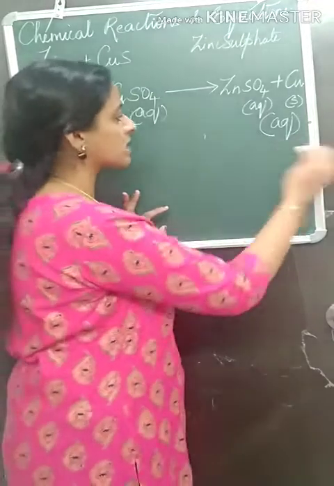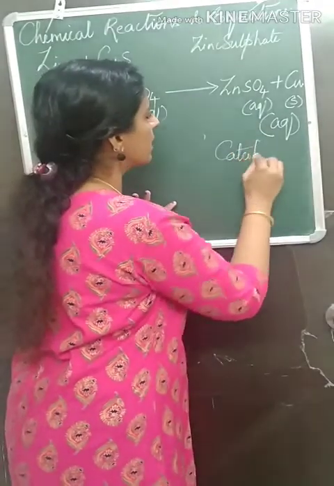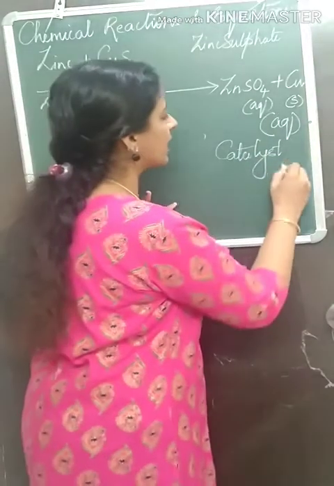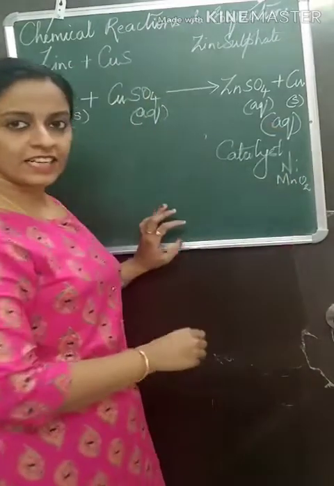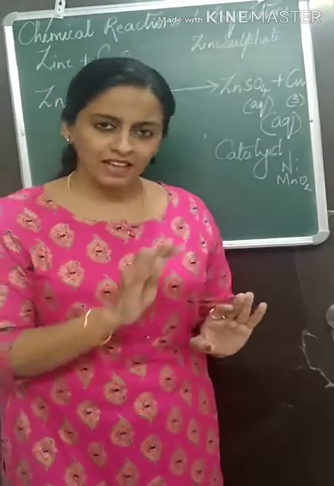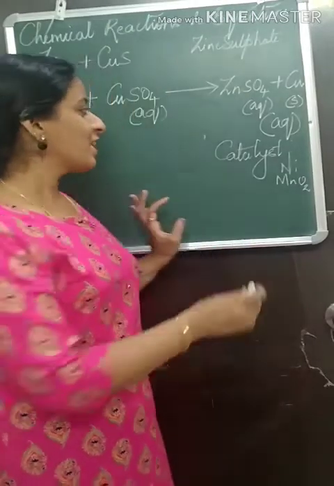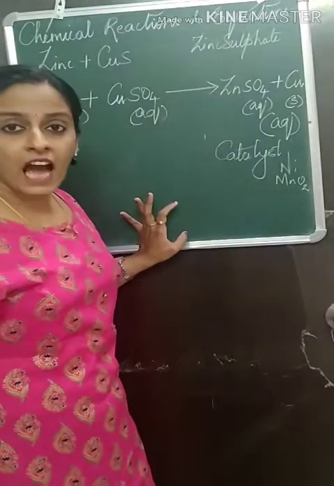Most famous catalysts are nickel, and manganese dioxide is also used as a catalyst. These two names you remember. As we go, you will become familiar with more names of catalysts. If you are using a catalyst, you write its name on the arrow.